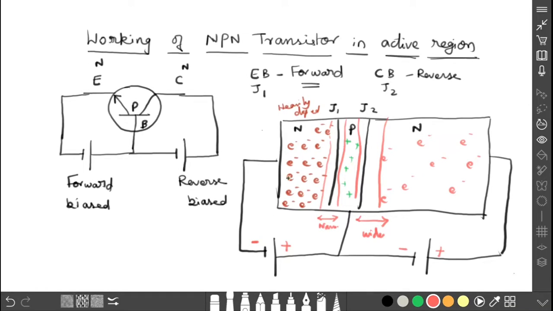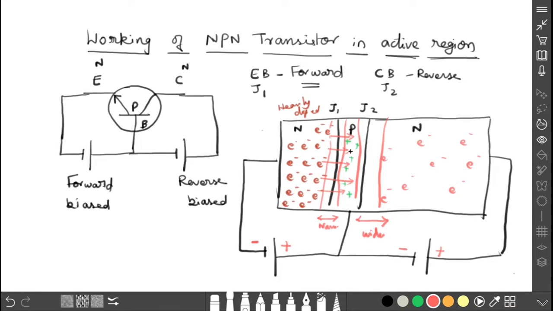Now listen. Once the junctions are forward biased, this is negative charge and the electron is also negatively charged. Due to these like charges, there is a repulsive force, so the electrons will cross the junction. Here there are more electrons, but P means holes, the majority charge carriers, and it is very lightly doped.